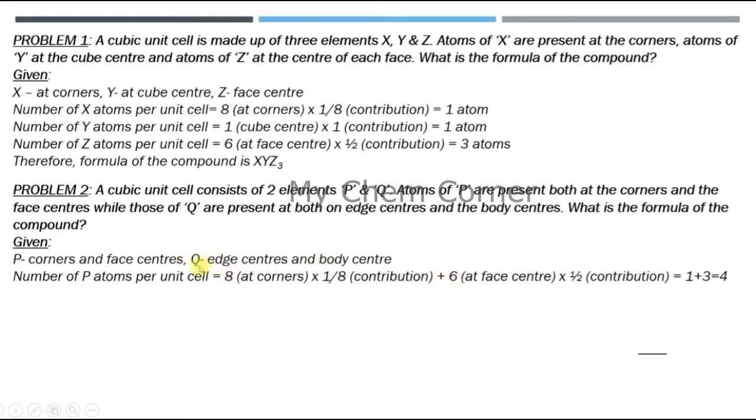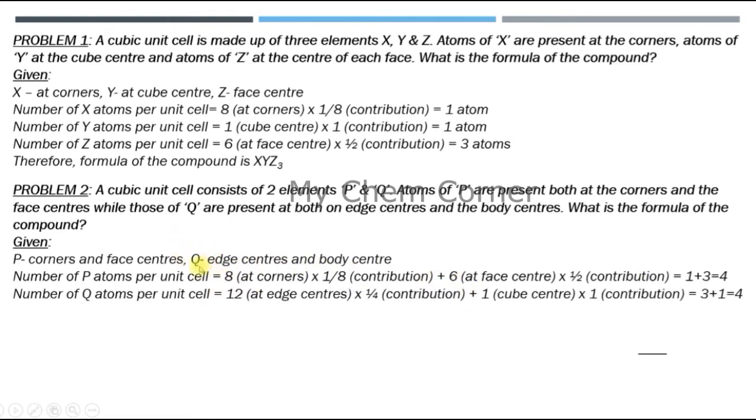Let's try to do the same thing for atom Q also. Now for atom Q, the first thing it says, it is present at the edge center. If we draw a cube and count how many edges are there in a cube, we have 12 edges. And when we place the cubes one above the other and beside them, each sphere on one cube is shared with 4 other cubes.